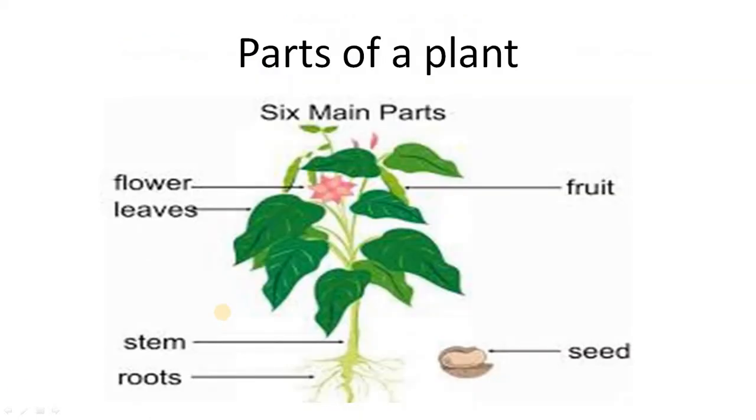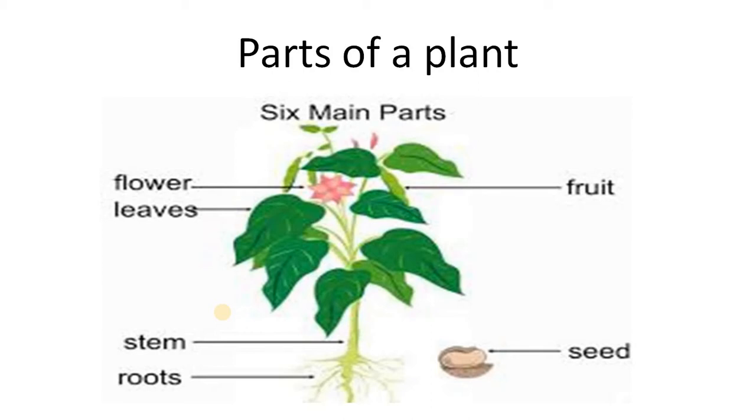So children, a plant has 6 main parts, as you can see in the figure there. If we come from the bottom, the first thing is roots. Every plant or tree has root. Then is the stem, which comes above the ground. Roots always stay inside the ground, whereas a stem comes above the ground.